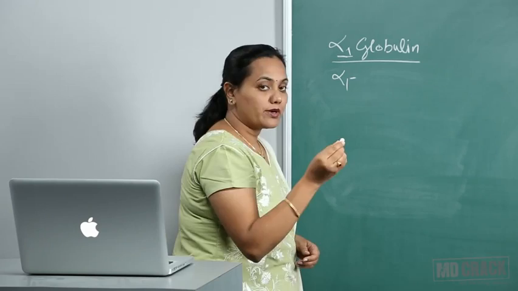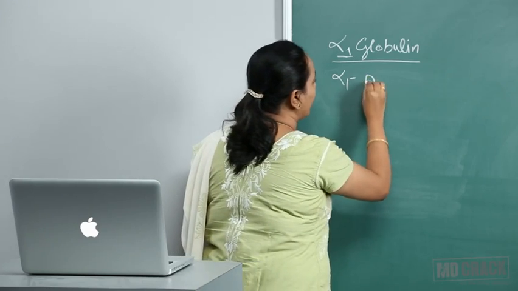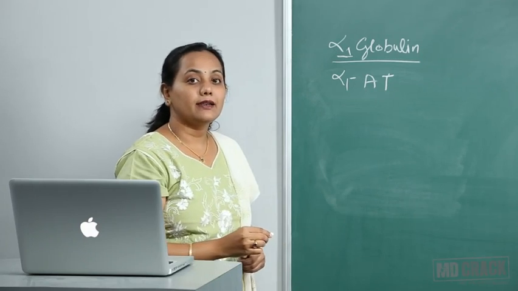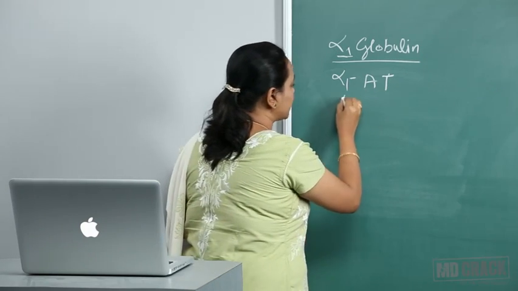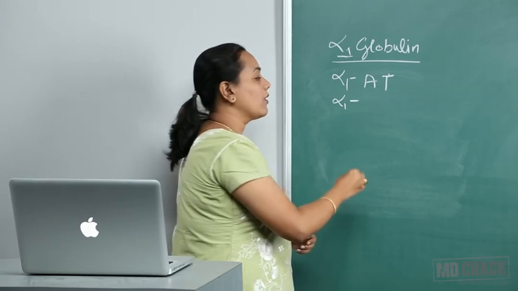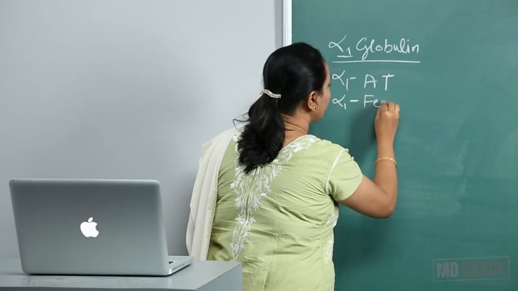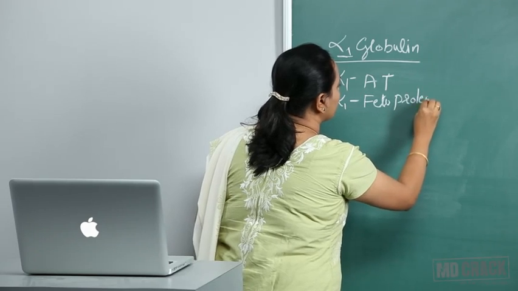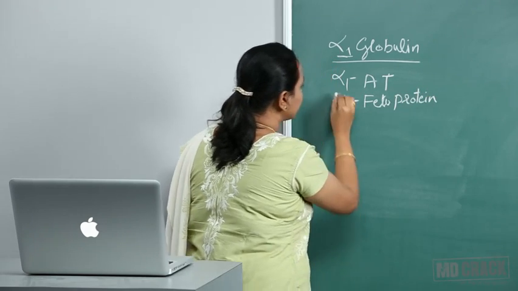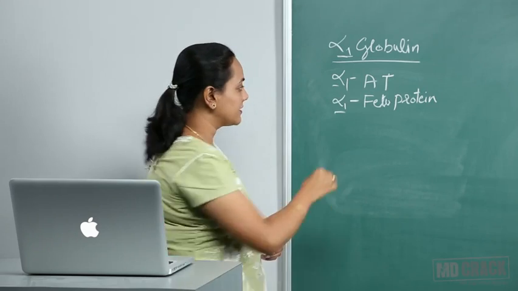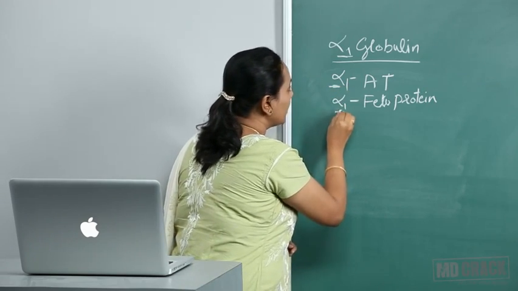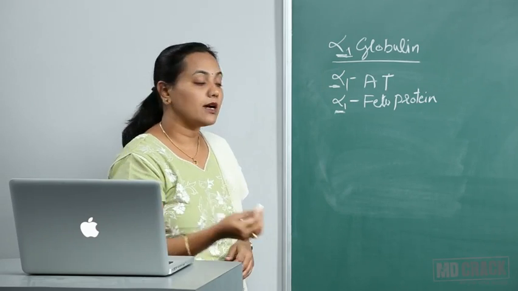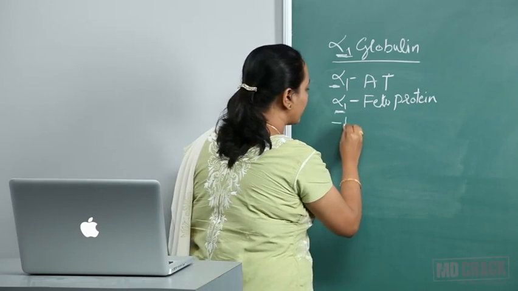I have told you already about one very important enzyme and protein, and that is alpha-1 antitrypsin. The other alpha-1 which you can think of is alpha-1 fetoprotein. These prefixes themselves will tell you that they belong to the alpha-1 globulin. Other than that, which are the other proteins which are difficult for you to remember?